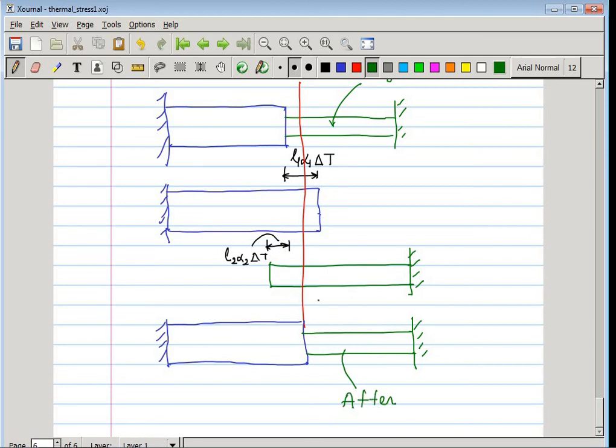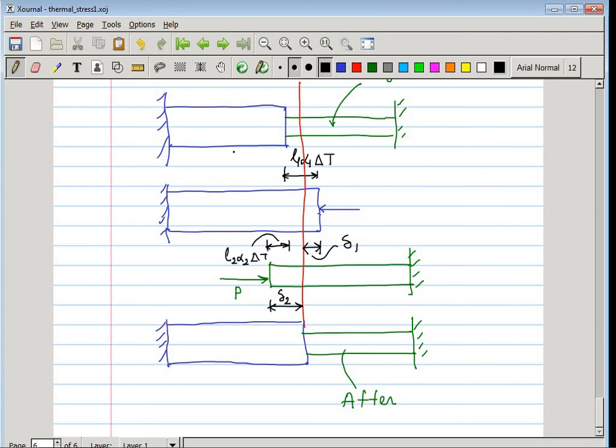So now that means here you have applied a force P to bring it here, and here you have applied a force P to bring it here. So this we call delta 1, and this we call delta 2.